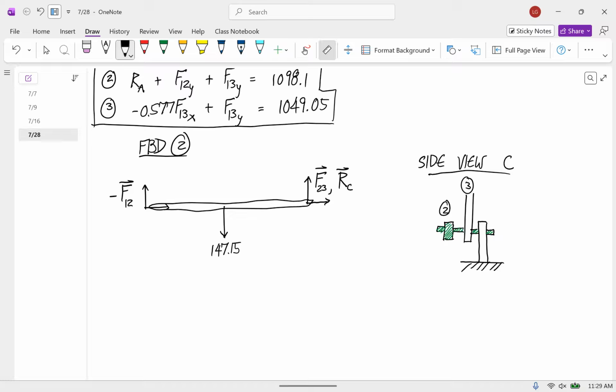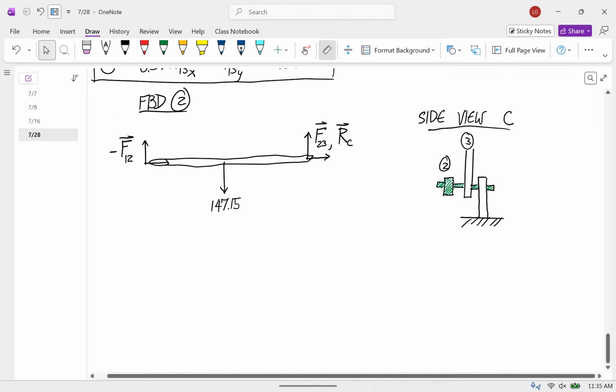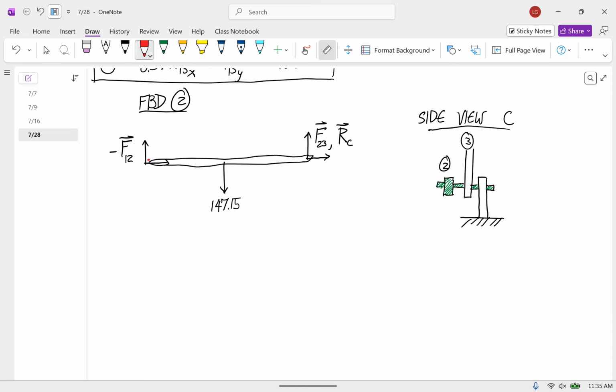It's only going to connect to member 2. Okay, this is a complete free body diagram. So now take a couple minutes and write out the table and the 3 equations that come from this. So I'm going to put my about point here.